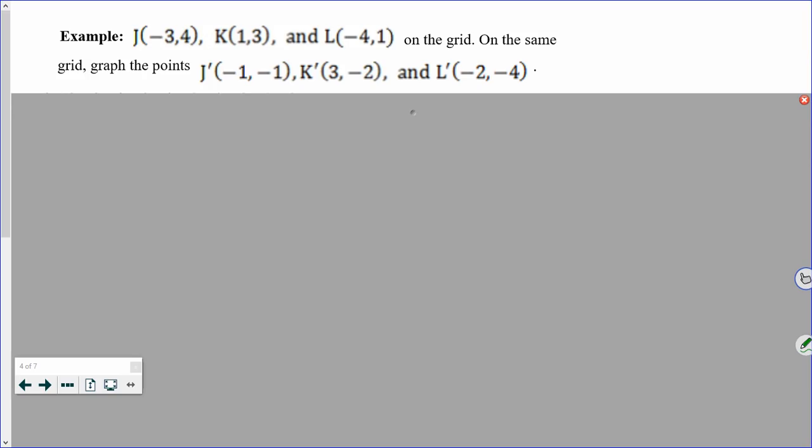Now let's graph the other triangle, J apostrophe, K apostrophe, L apostrophe, with the points negative 1, negative 1, 3, negative 2, and negative 4, negative 2. So please pause the video again and graph that triangle.